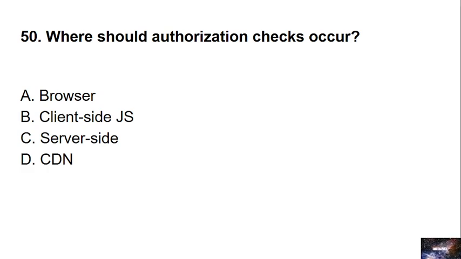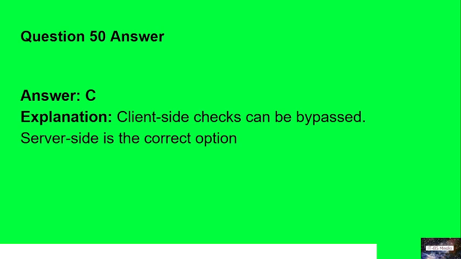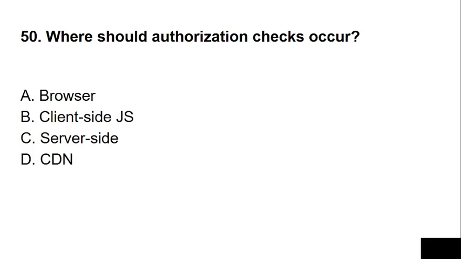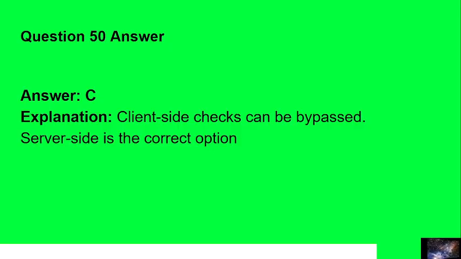And the answer is C, which is server-side. Client-side checks can be bypassed. You know that. We've talked about how it can be intercepted. So server-side is the correct option.